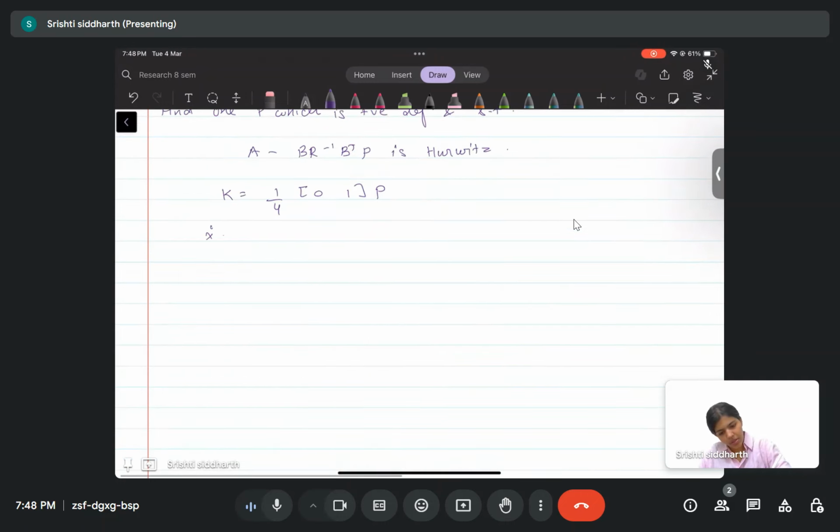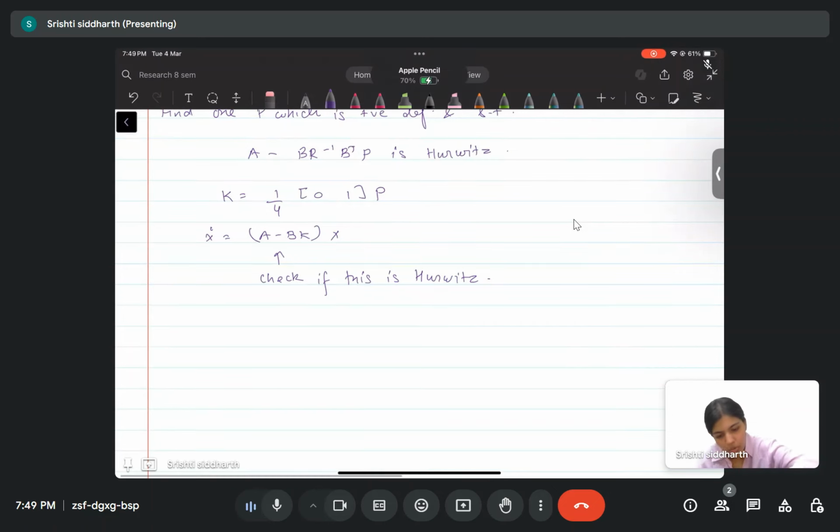Then the closed loop system is A minus BK x. Just check if this is Hurwitz or not. So this would be the input u equals minus Kx, which would minimize the cost.